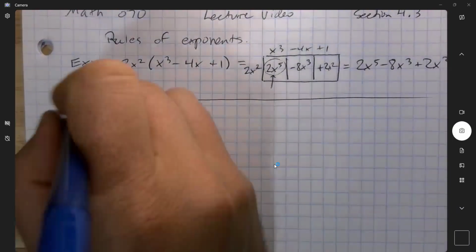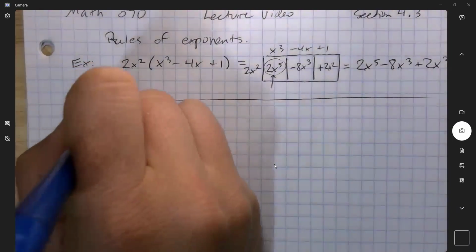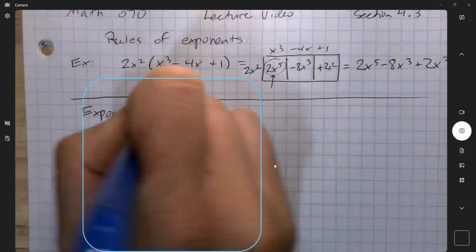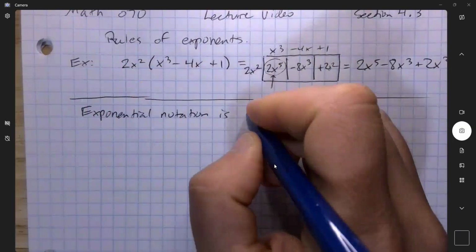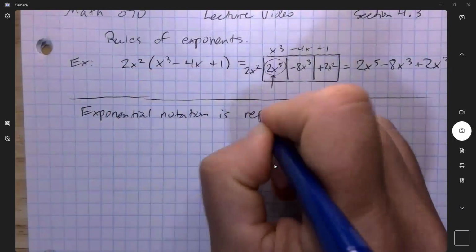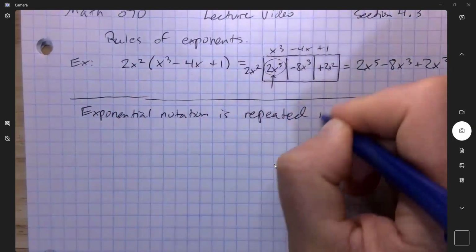All right, so first of all, exponential notation is simply a compact way to write repeated multiplication.